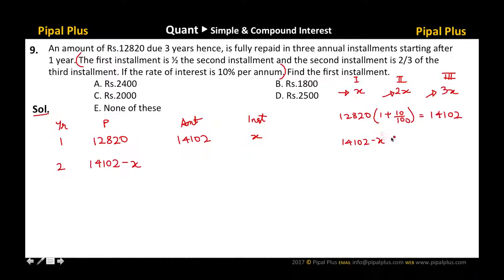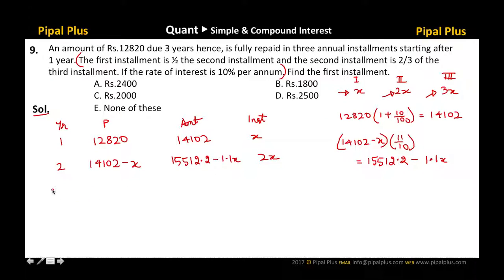When I simplify this, I get 15512.2 minus 1.1x. This is the amount due at the end of the second year, so I'm going to write it here: 15512.2 minus 1.1x.